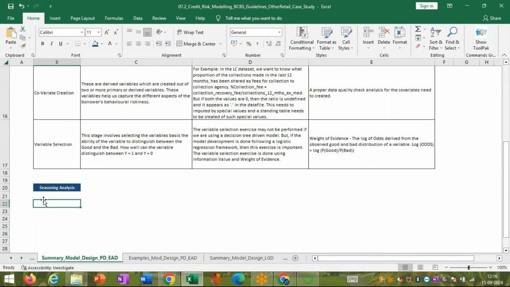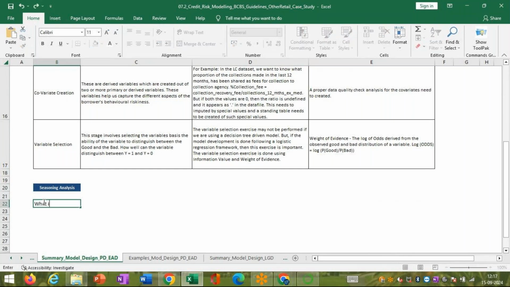First of all, what we would want to know is what seasoning is, and how the regulators define seasoning for us.